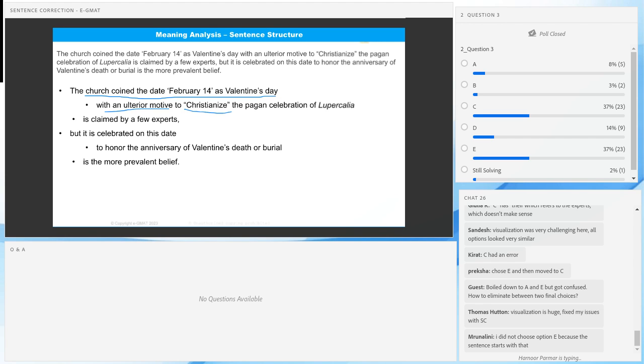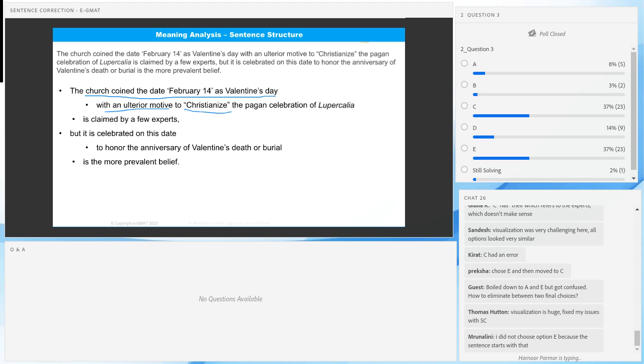It's in italics anyway, right? So again, the church made Feb 14th Valentine's Day with a certain motive. What was that motive? That motive was to take another religion's celebration and convert that into Christianity, transform that into Christian tradition.